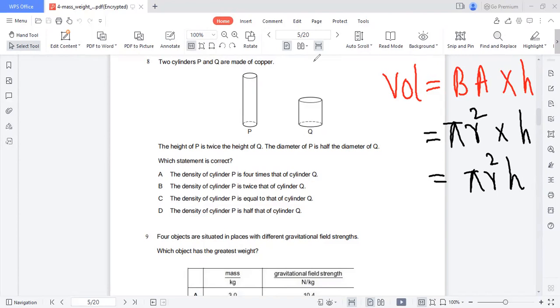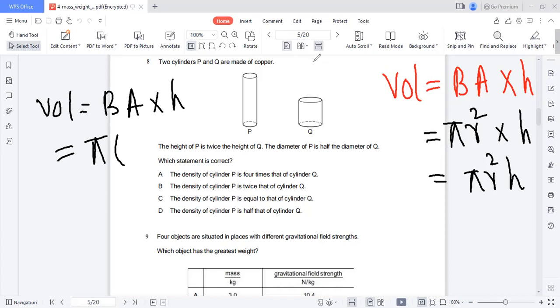Now let's calculate the volume of the smaller one. Base area times height is the original formula.